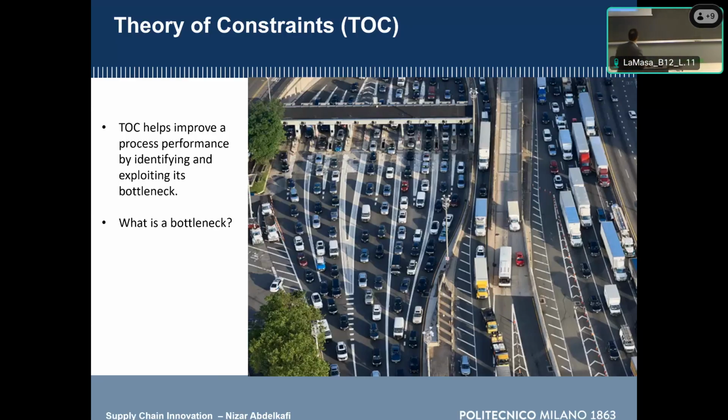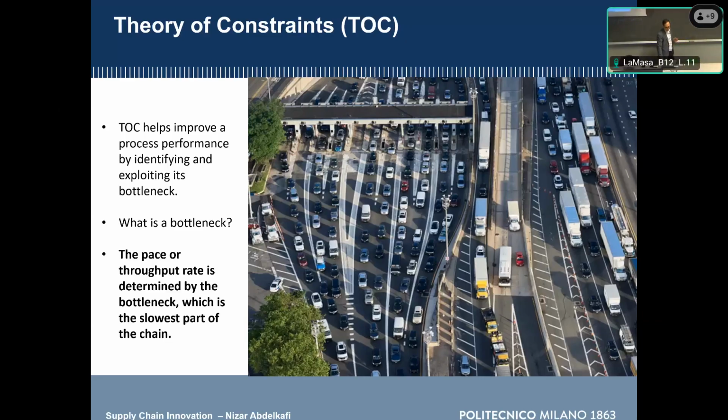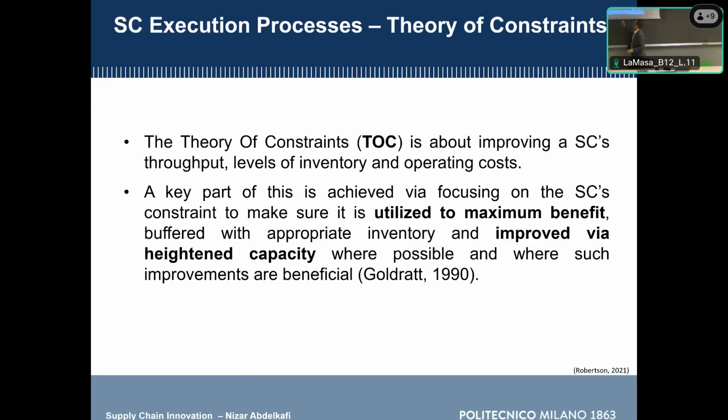So the slowest equipment is our bottleneck. The pace or throughput rate is determined by the bottleneck, which is the slowest part of the chain. So here, a bit of theory, Goldratt's book. If you want to read it, of course you can.